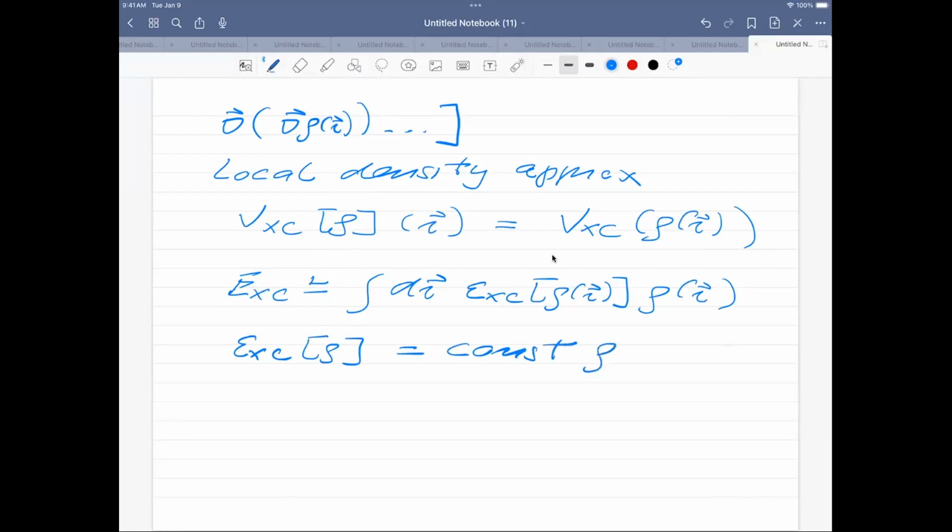And we know that that one is proportional to 1 over rho to 1/3 as a function of R. So now we are using the result from the homogeneous electron gas, where we actually have assumed that we have a local density approximation.